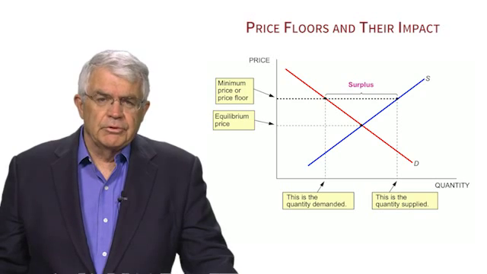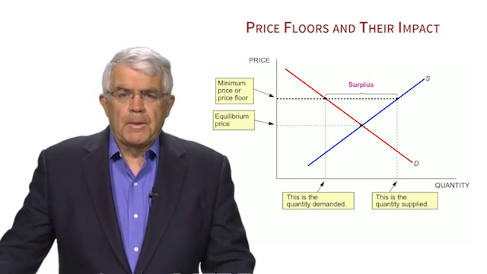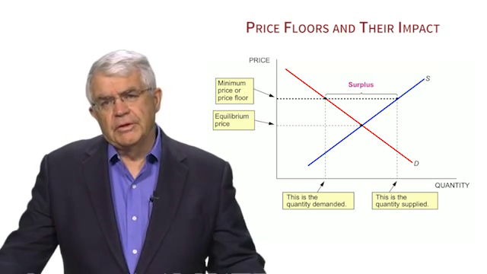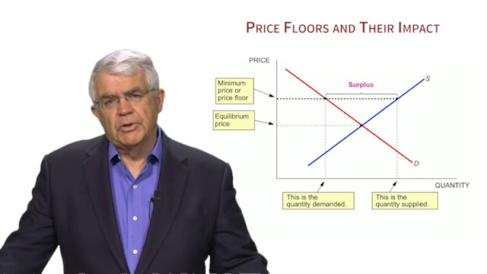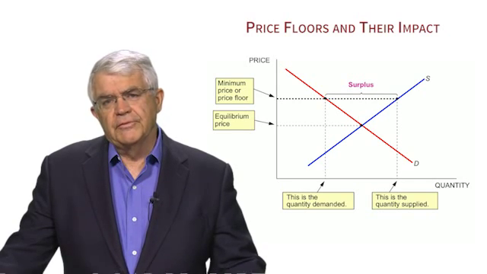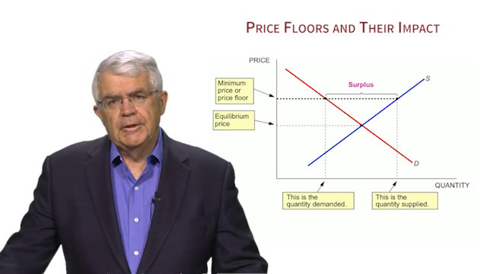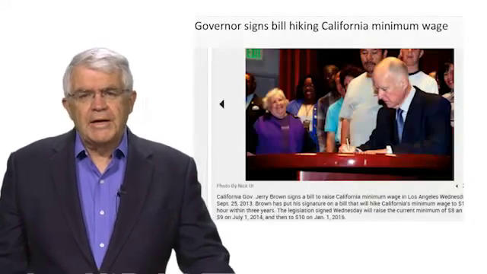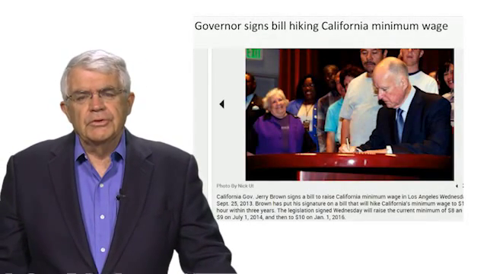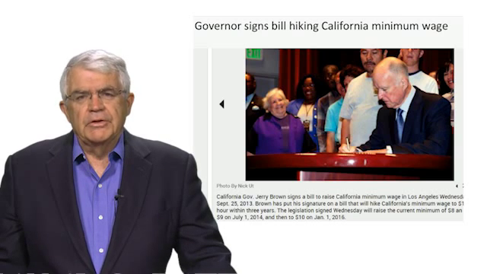So the government has to create this demand, if you like, on their own to keep that price high. But again, it's a situation where government is intervening in the market, and the price at this higher level results in a surplus.